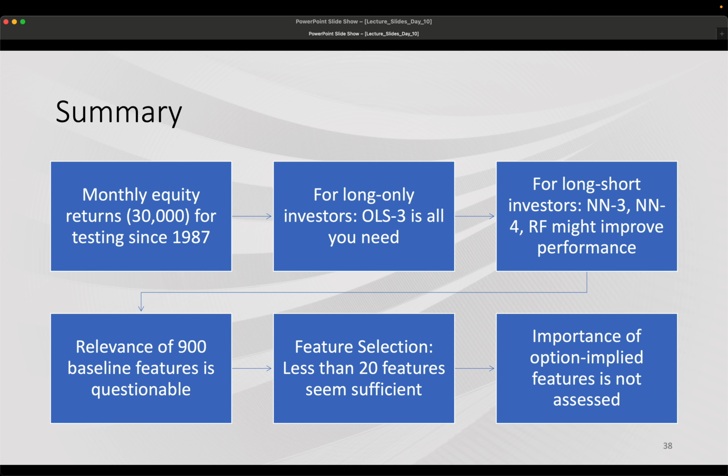So I think the takeaway is really that the data, even though it's 6,000 stocks, but that's why I didn't make a joke when I said just 200 data points, is simply not sufficient to identify the loadings of these 900 features. Otherwise, the PCR and the elastic net should have outperformed OLS3, but didn't.